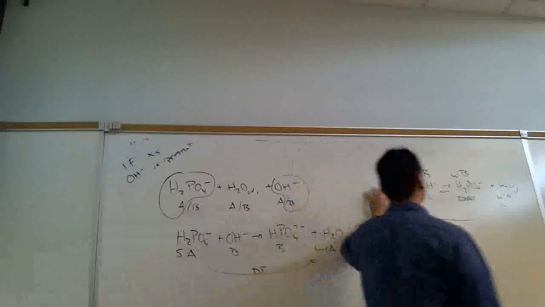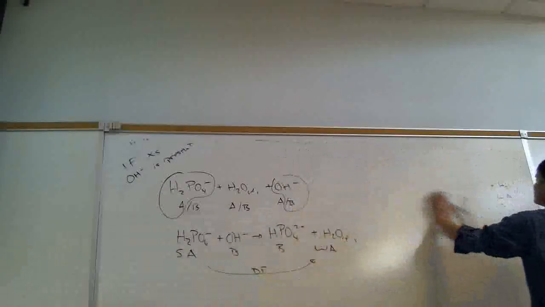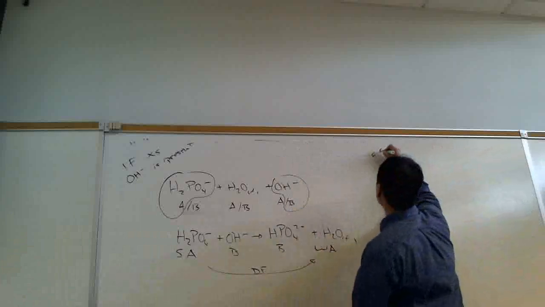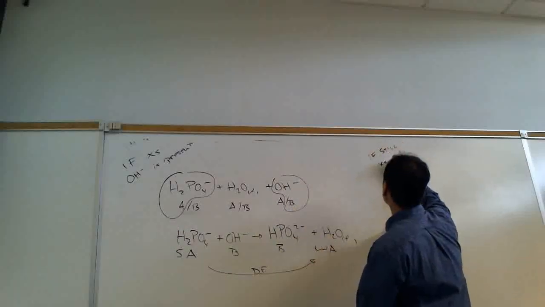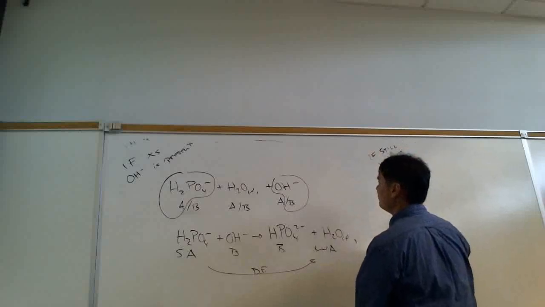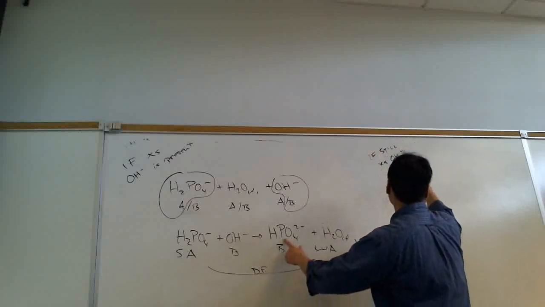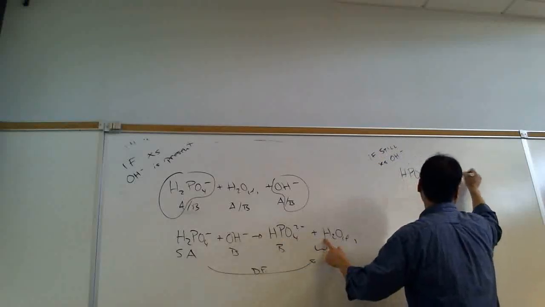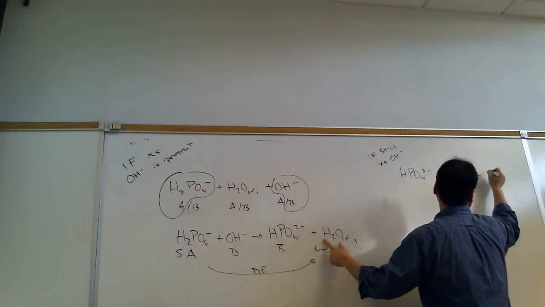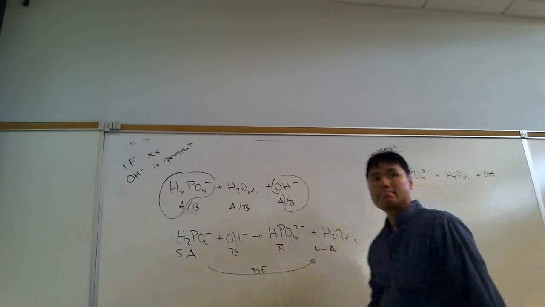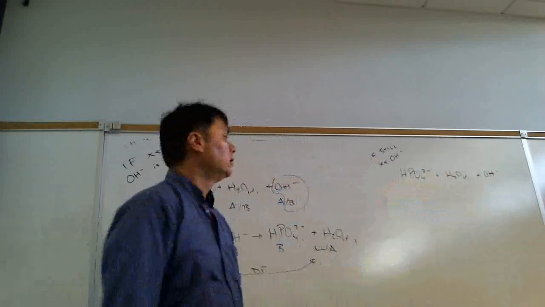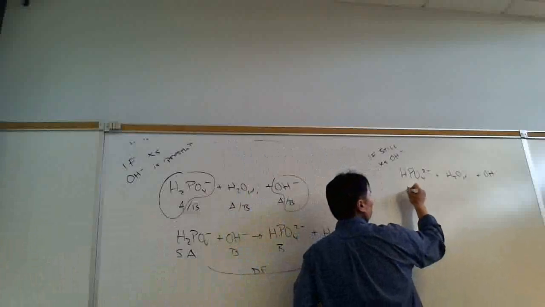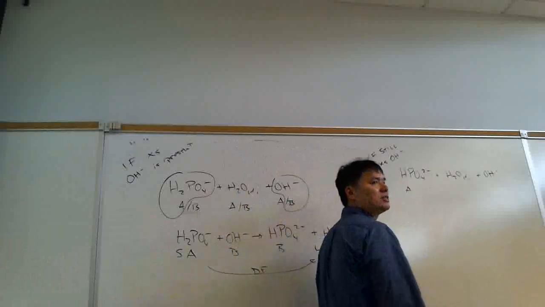Well, let's see. If there's still excess hydroxide present, then what we're left over with, re-inventory: monohydrogen phosphate, water, and some more hydroxide. And so if we got more hydroxide left, then monohydrogen phosphate, acid or base?